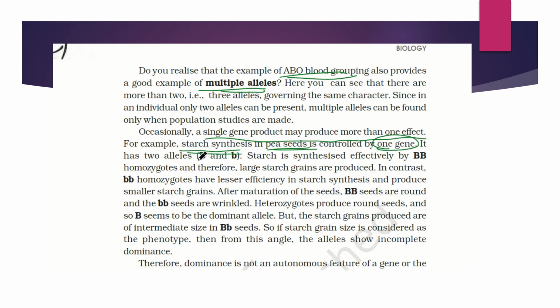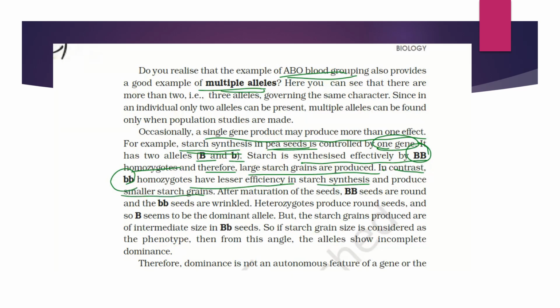It has 2 alleles, B and b. Starch is synthesized effectively by BB homozygotes, and therefore large starch grains are produced. In contrast, bb homozygotes have lesser efficiency in starch synthesis and produce smaller starch grains.